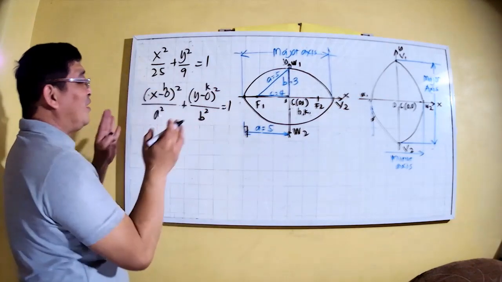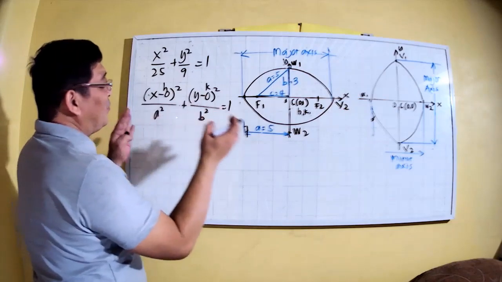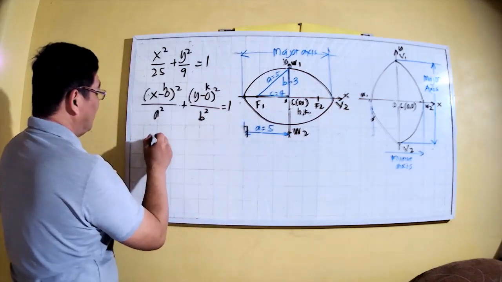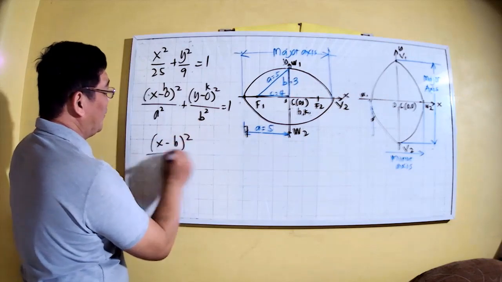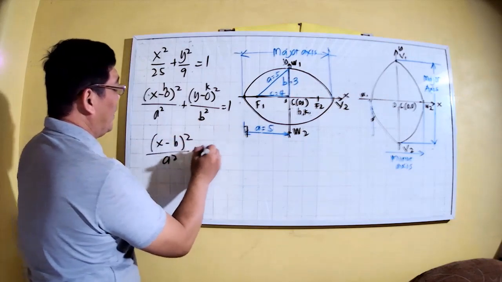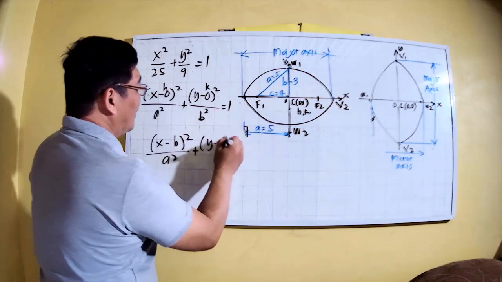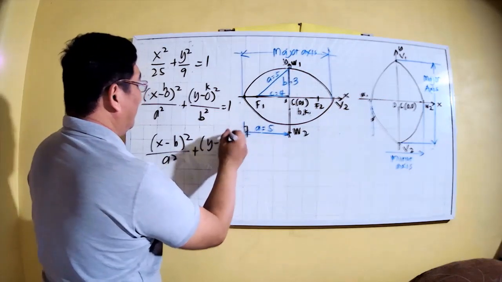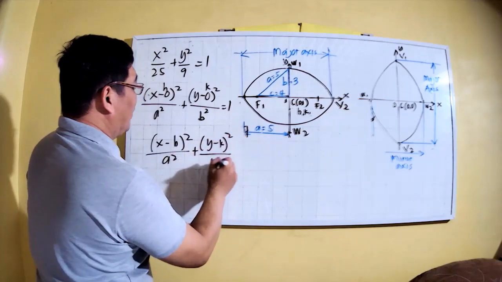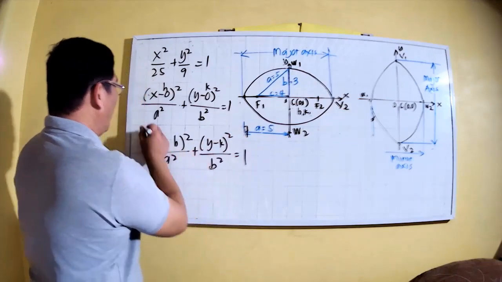And I'm going to rewrite this equation of an ellipse in standard form. We have x minus h squared over a squared plus y minus k squared over b squared is equal to 1.